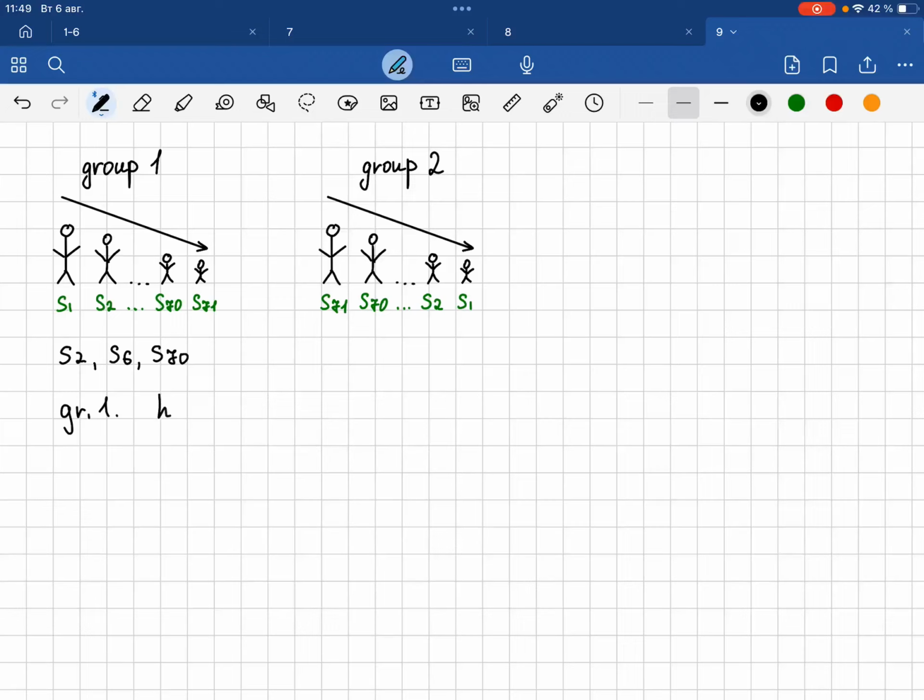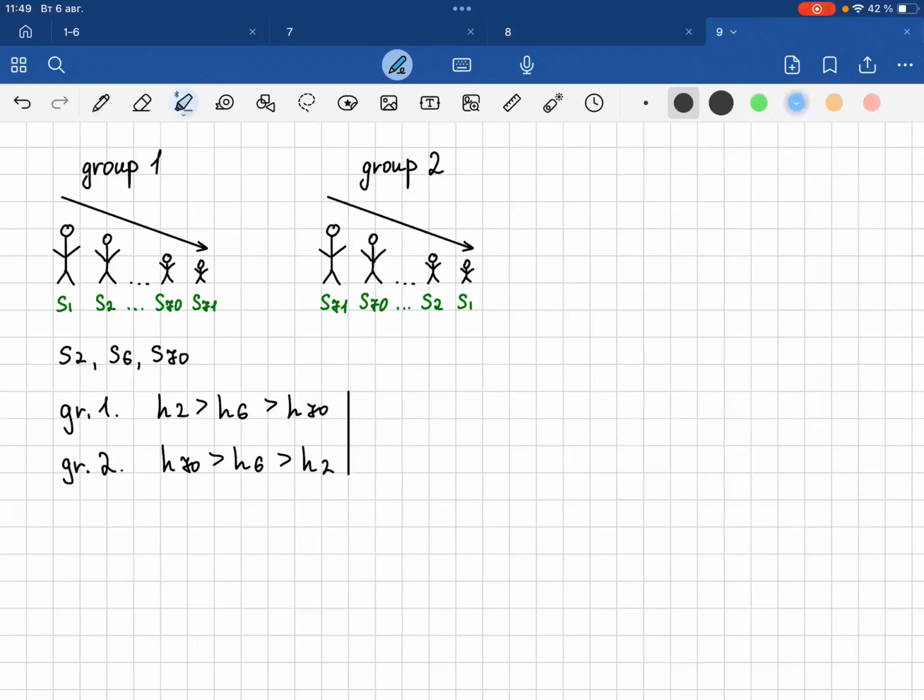So H2 is greater than H6, which is greater than H70, where H stands for height. In the second group, the situation is the opposite. So H70 is greater than H6, which is greater than H2.